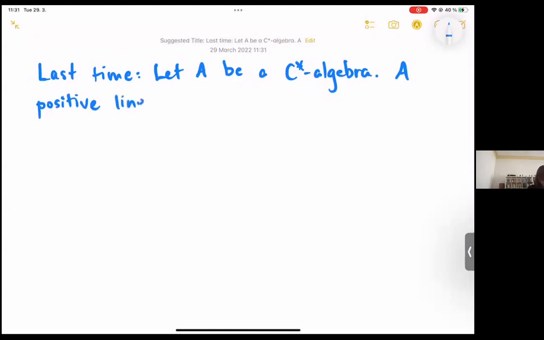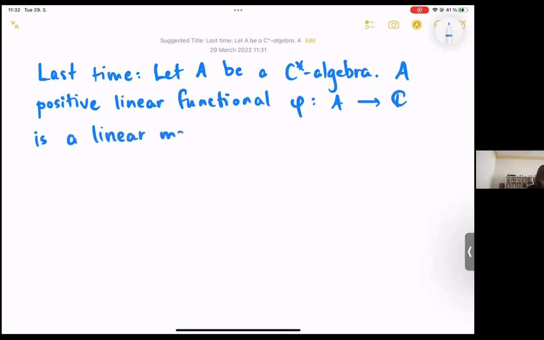Well, it's just a linear map from our C-star algebra A into the complex numbers. And it should send the positive elements in the C-star algebra to positive real numbers.